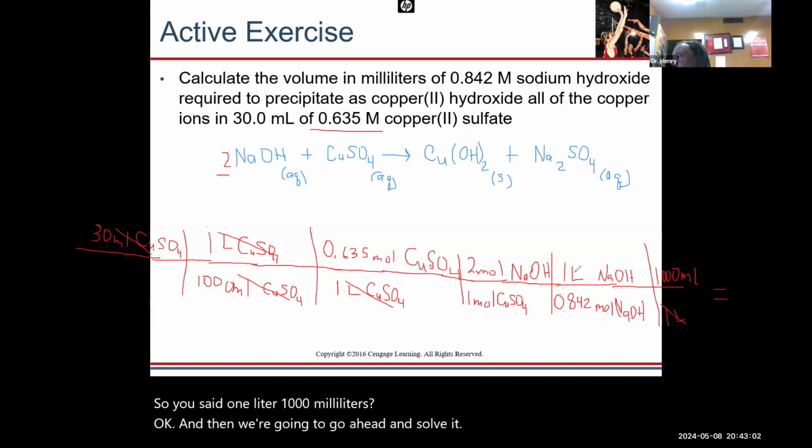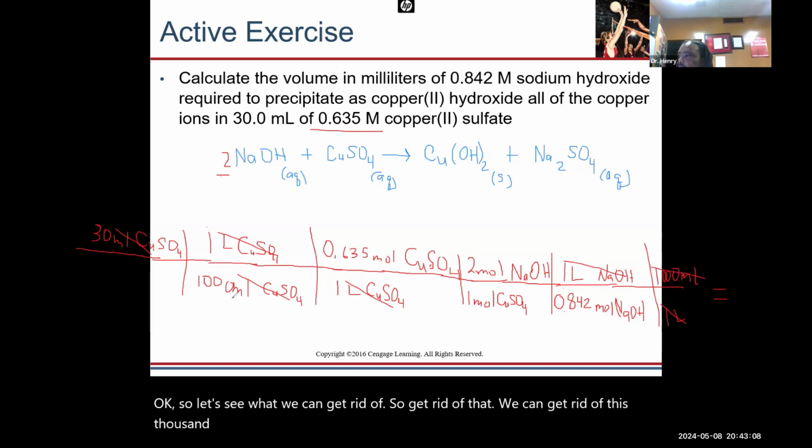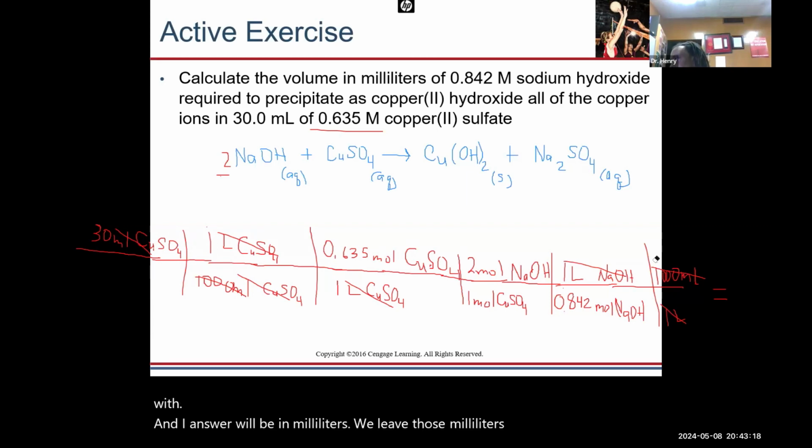Let's see what we can get rid of. We can get rid of this 1,000 over here, and that gets rid of this 1,000 over here. So then we're left with, oh, and our answer will be in milliliters. We'll leave those milliliters alone.